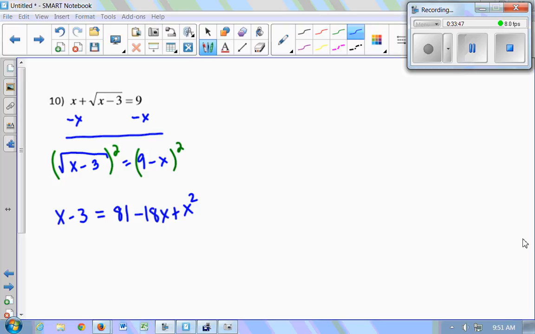Square the first, square the last, take the product and double it. And if you can't remember the little saying, just remember that this means 9 minus x times 9 minus x, and FOIL it. And you get 81 minus 18x plus x squared, and now you have a quadratic.